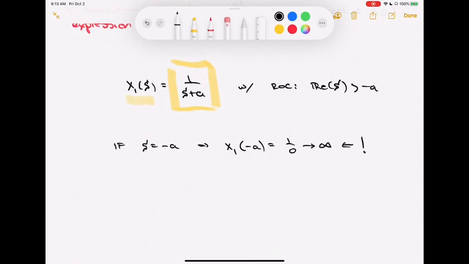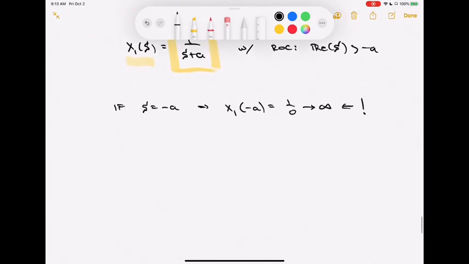That's not convergent. If I am evaluating at values of s that make this thing blow up, that definitely is not convergent behavior. It doesn't give me a useful signal in there. We are going to look at the values of s that make x of s go to infinity. That has a particular name. We're going to call it the poles of a signal.